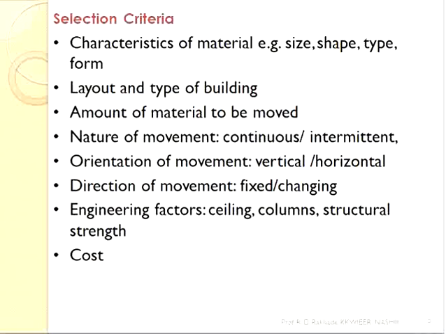Then nature of movement, that is maybe continuous or intermittent. Then orientation of movement, which includes vertical, horizontal, or inclined. Then direction of movement, that is fixed or changing. Then engineering factors, including ceiling, columns, and structural strength. And last, that is the main factor, that is cost, means how much cost is required for that particular material handling selection.